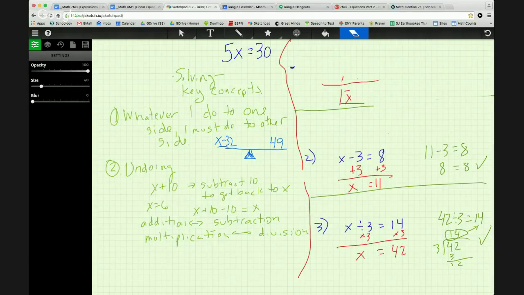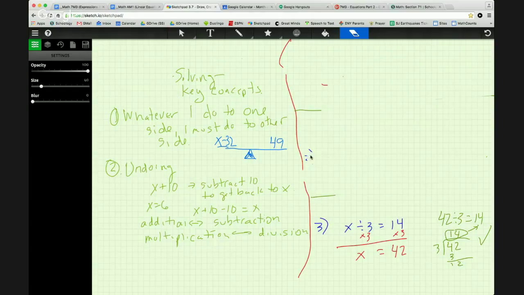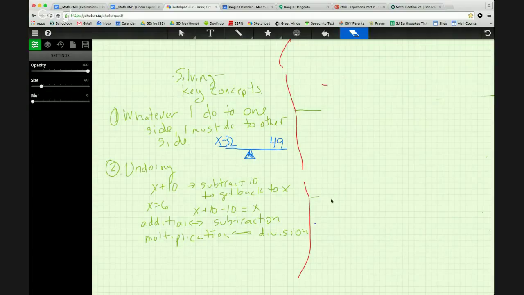We're going to erase all of this work here, and then we're going to come back with a multi-step equation, and we're going to add one more concept to our learning.